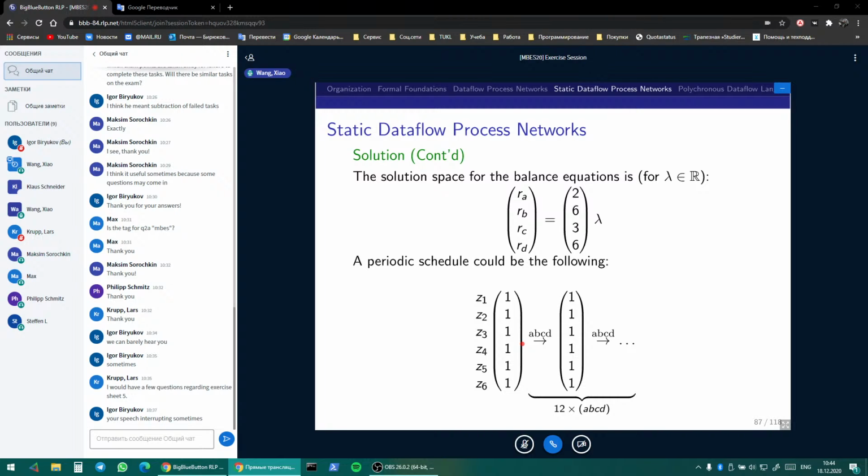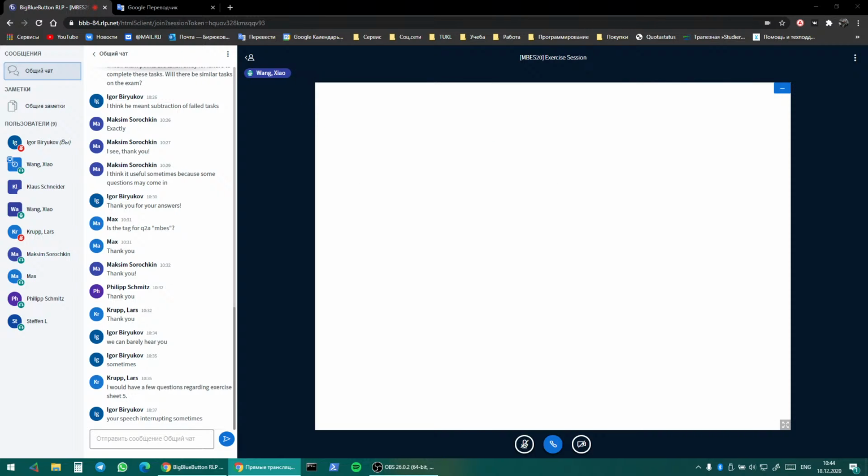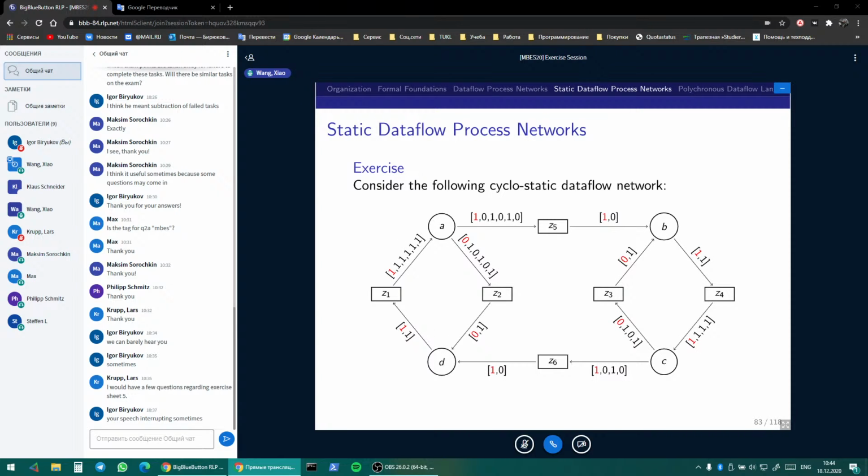Because here you can see A fired 2 periods, but in each period it has 6 firings. So 2 times 6 should be 12.